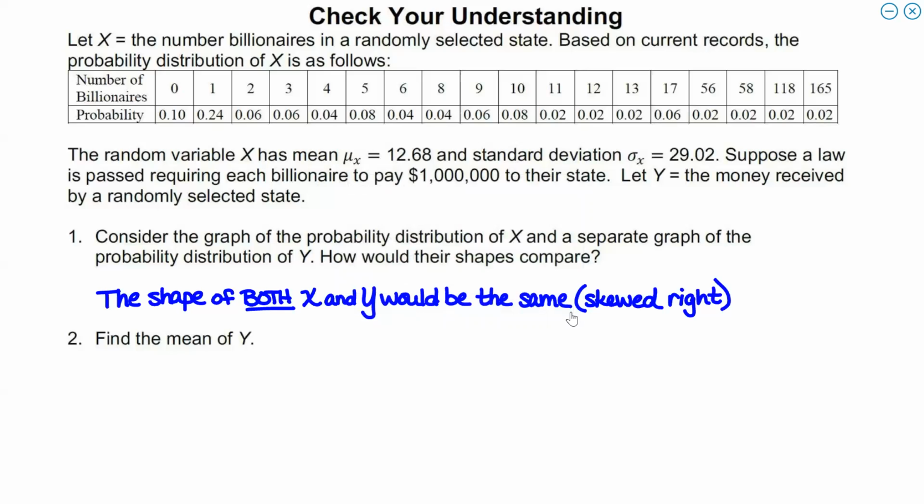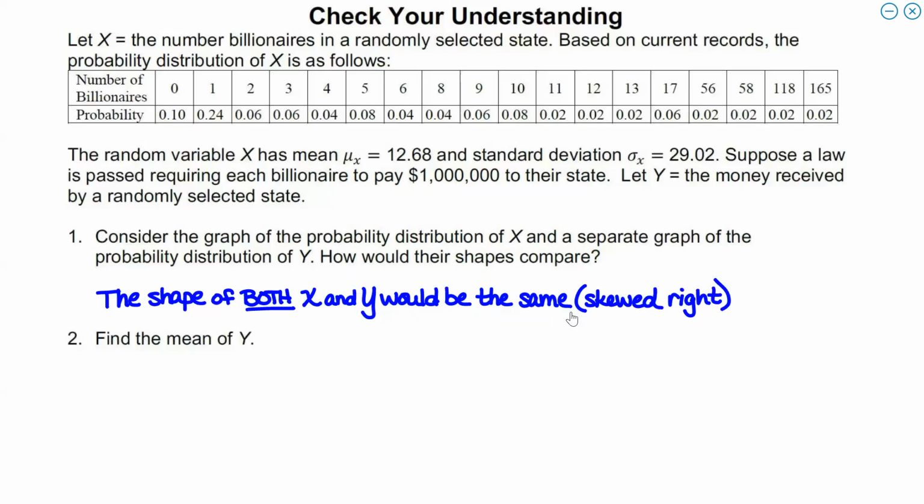Y would be skewed to the right because we'd be having them all pay $1 million. So I would take the number of billionaires in the state and look at it that way. What would the mean of Y be?